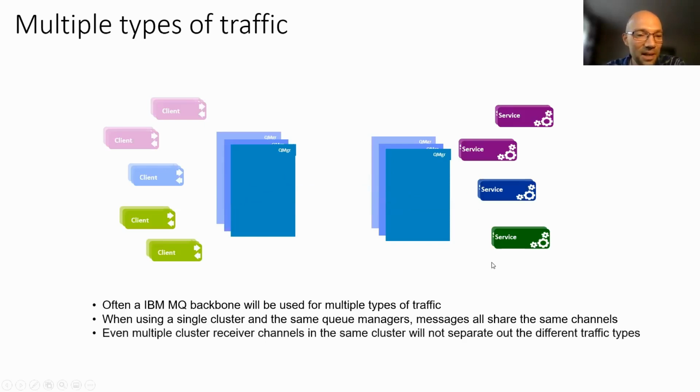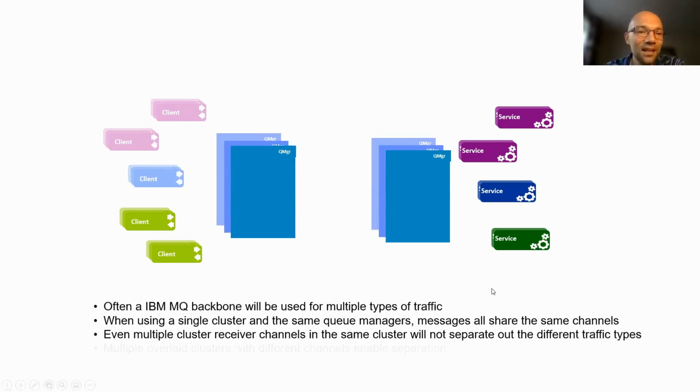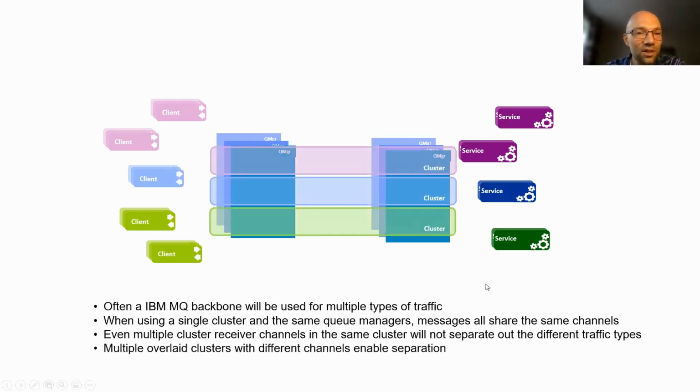Even if you define multiple cluster receiver channels, so you might get multiple channels between the two different queue managers, you still can't say that you want a specific type of traffic to go through this particular channel and a specific type of data to go through another channel. One way you can resolve that is to have multiple clusters, because remember, queue managers can be members of more than one cluster.